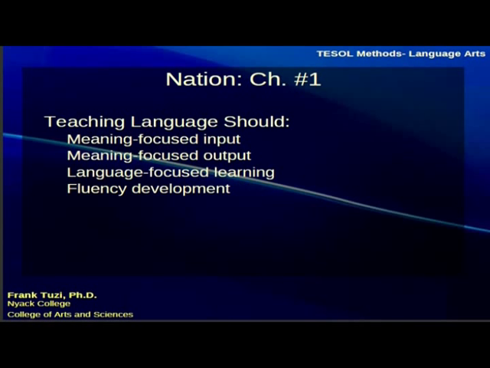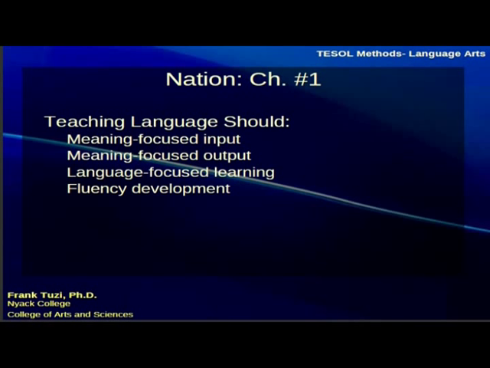So language-focused learning means that you're going to focus on syntax, grammar, the lexicon. And so you're going to be focusing on the components as well. And finally, you should be having some focus or emphasis on fluency development.